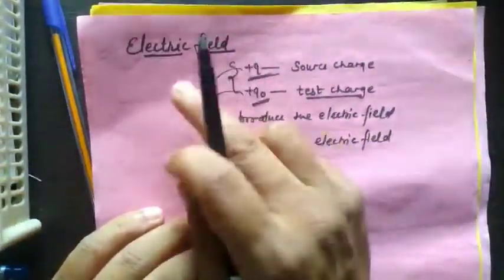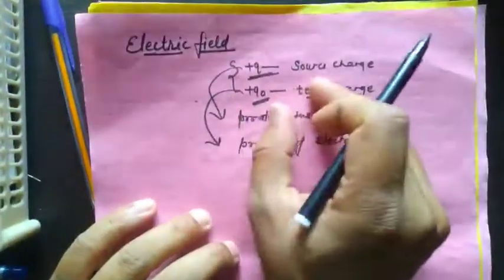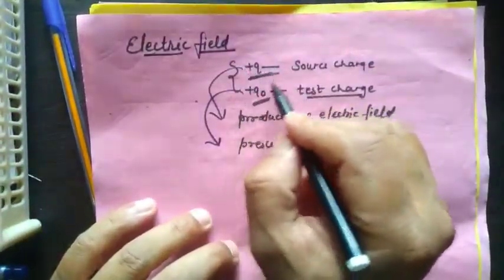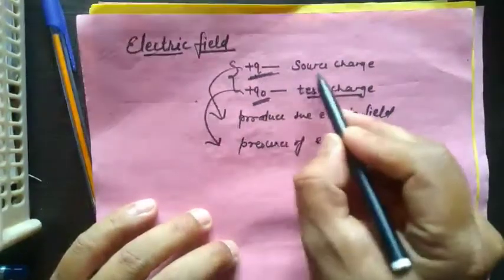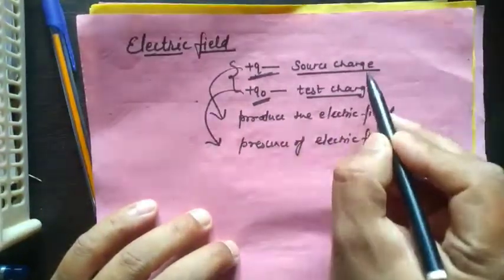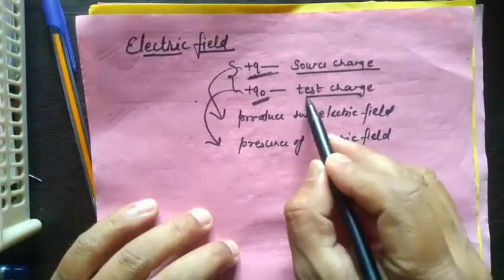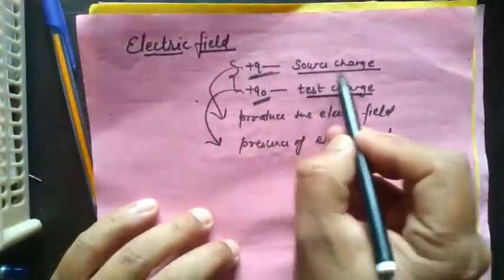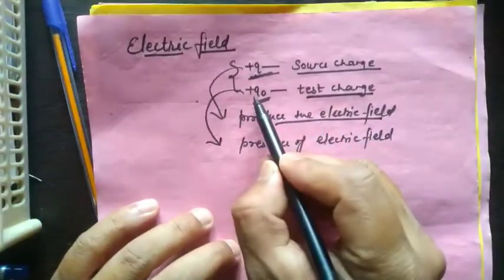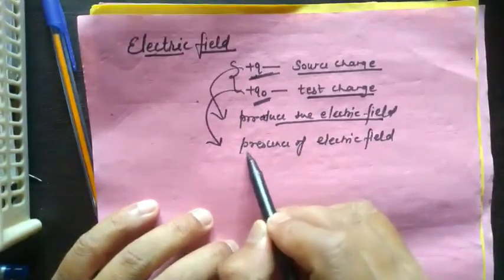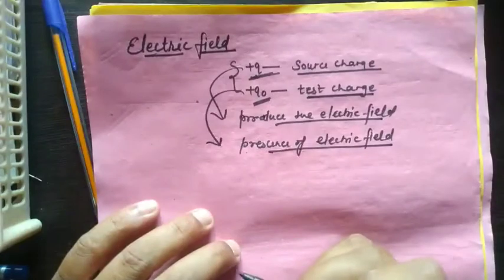Before knowing the property of the electric field, we have just discussed the charges Q and Q0. Q is called the source charge and Q0 is called the test charge. The source charge produces the electric field and the test charge only determines the presence of the electric field.